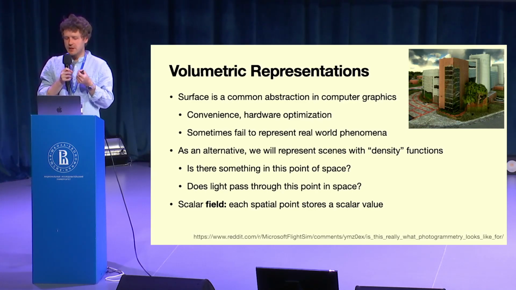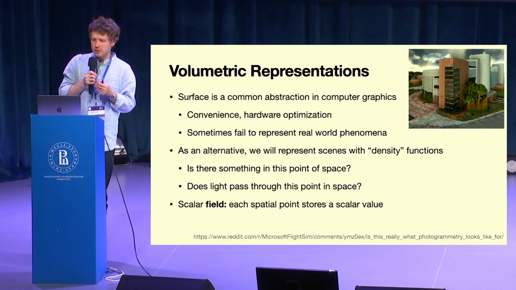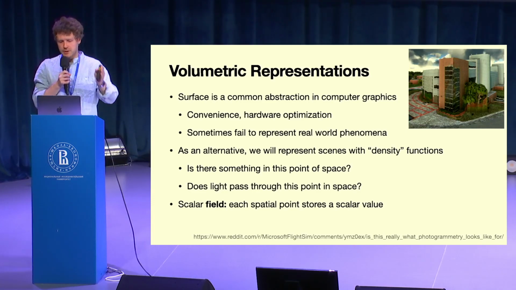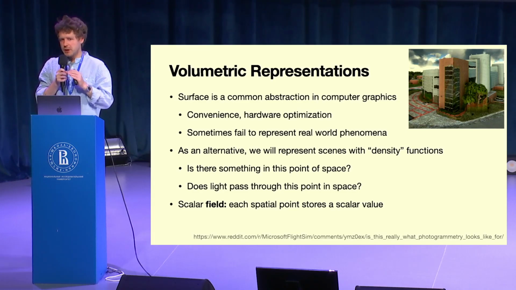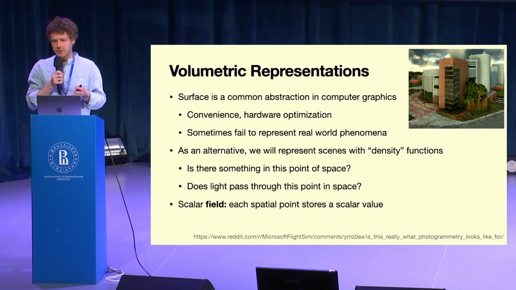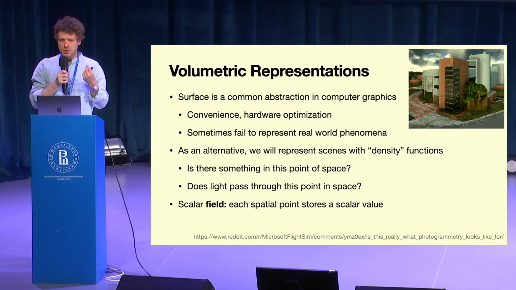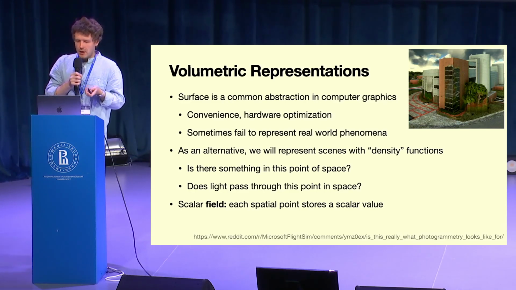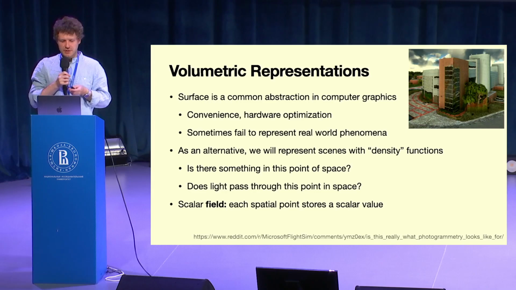This scalar value will vary from 0 to plus infinity, and it will be equal to 0 if there's nothing in this point, if this point is empty, and it will be positive if the point is not empty. I guess this idea is pretty intuitive.